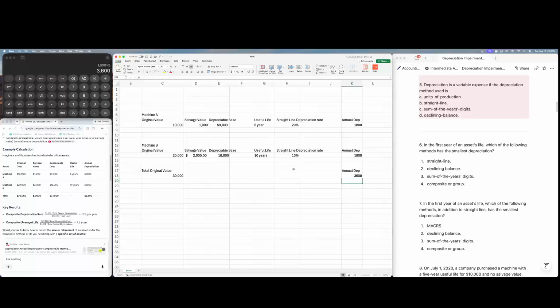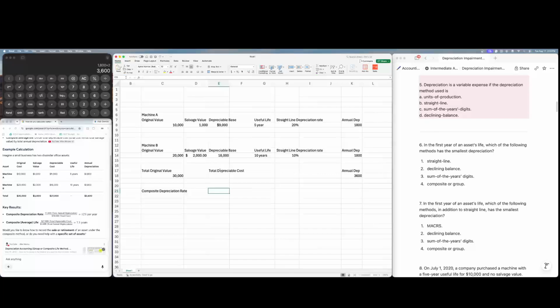So then now you got that. So you can also get the total depreciation cost. You can calculate various things. For example, composite depreciation.